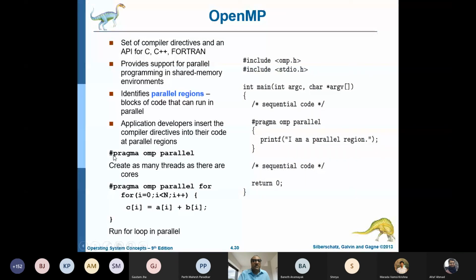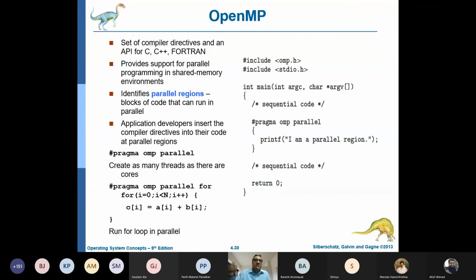It means that whatever code follows it can be parallelized. So here the application programmer will introduce the compiler directives in the code.